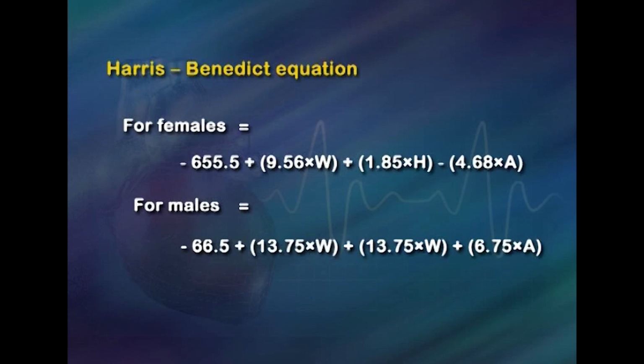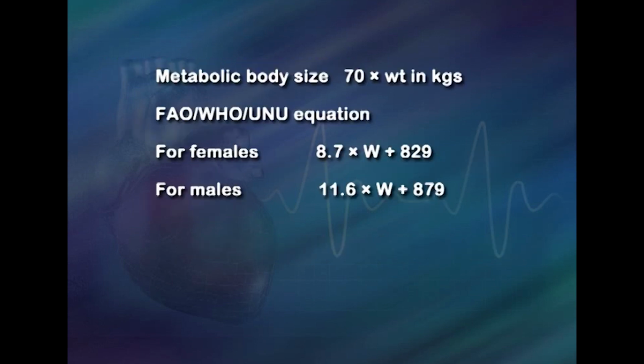Then the Harris-Benedict equation is another one for calculating the basal metabolic rate, where for females it is 655.5 plus 9.56 into weight plus 1.85 into height minus 4.68 into A. For males, it is 66.5 plus 13.75 into W plus 5 into height minus 6.75 into A. Third is the metabolic body size, where it is 70 into weight in kgs.